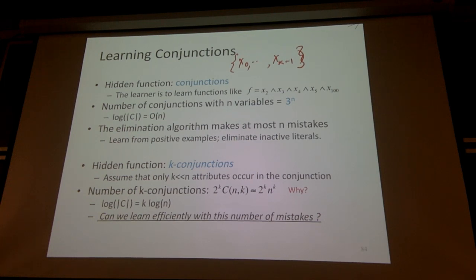If you knew that, can you learn better? The way to think about that is, how many k-conjunctions are there? Once again, we have to ask the same question. I've already given the answer, but we can make a similar sort of argument for the number of k-conjunctions. First of all, it's a k-conjunction, which means that there are k slots to fill.